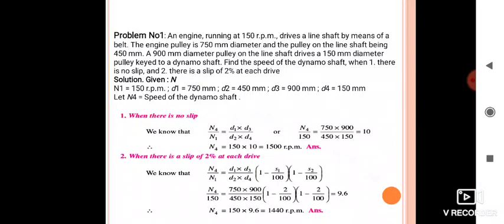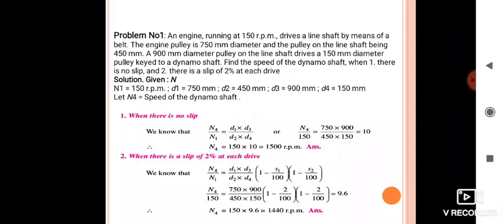Here you have to use this formula: n4 by n1, because the number of pulleys is 4, equals d1 into d3 by d2 into d4. Make it alternate and substitute all the data and find the n4 value. Here we get 1500 rpm when there is no slip.